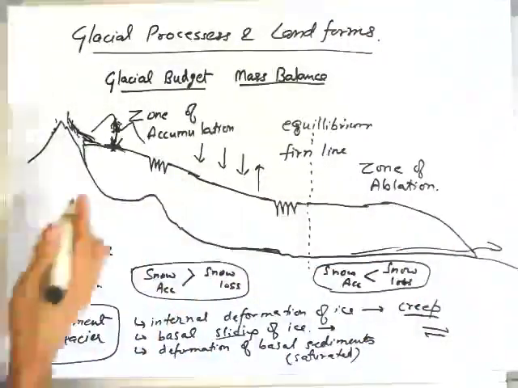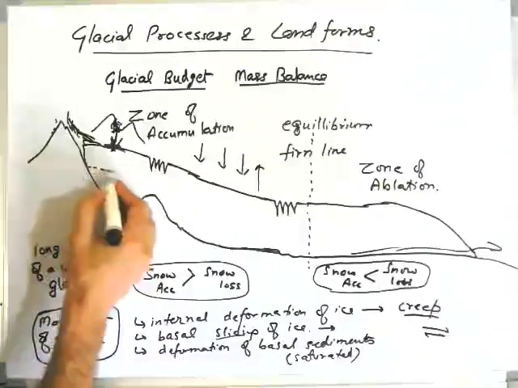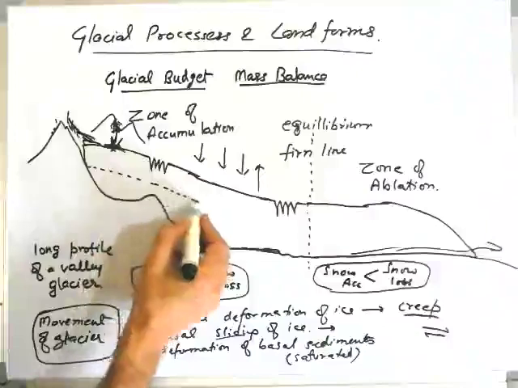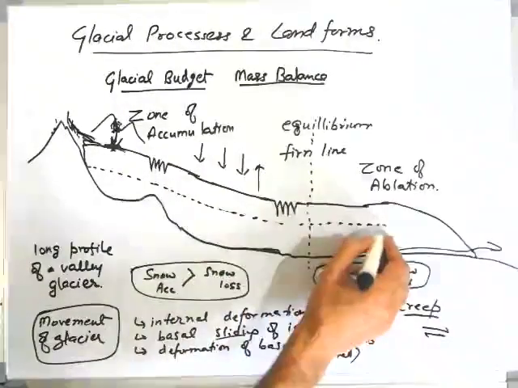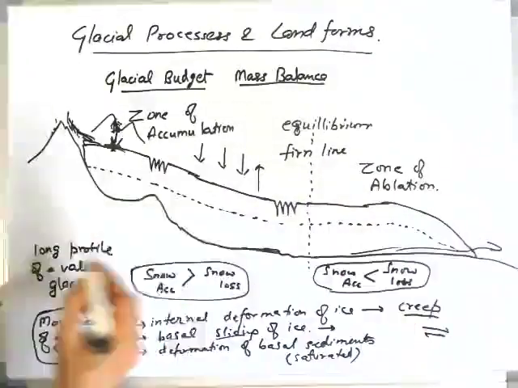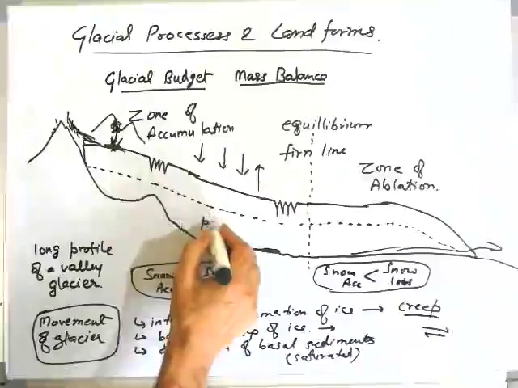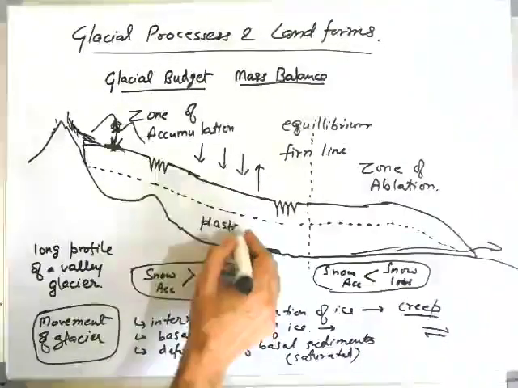Now, what is important to consider is that the basal part of the glacial ice is deforming. So this is the zone of plastic flow or deformation.